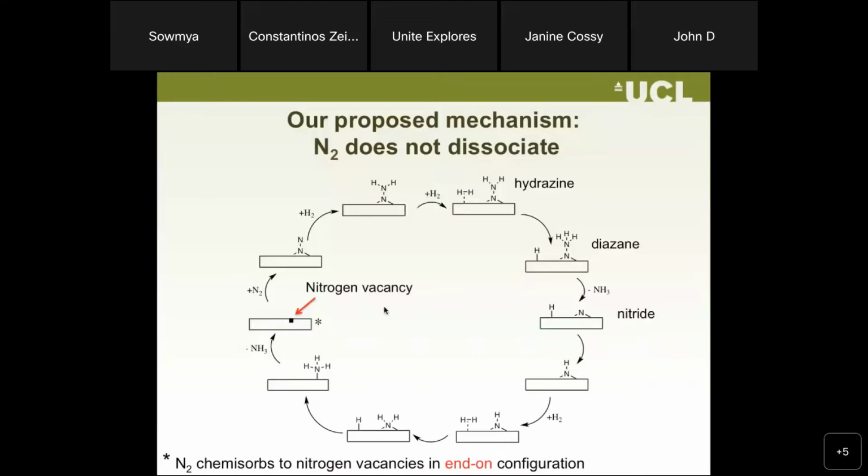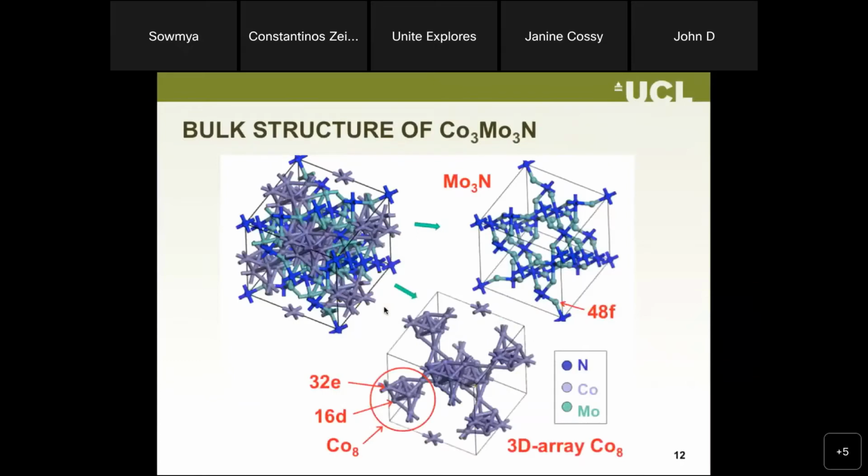So we took the bulk crystal structure of cobalt molybdenum nitride, which is actually a very interesting material. You have these cobalt clusters, cobalt 8 clusters, which are in a hexagonal array, and they are embedded into this molybdenum nitride framework.